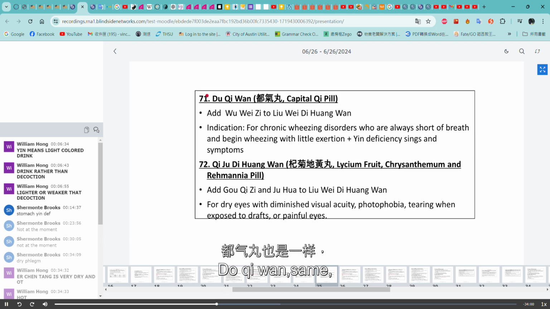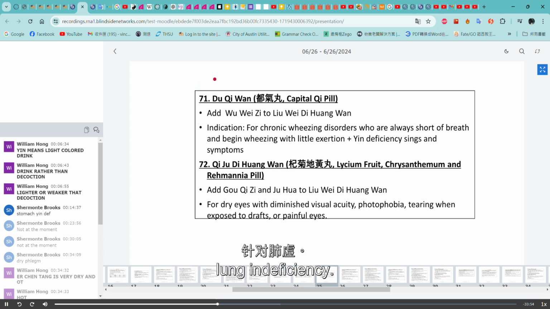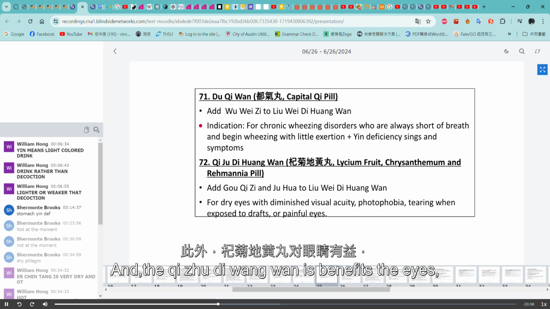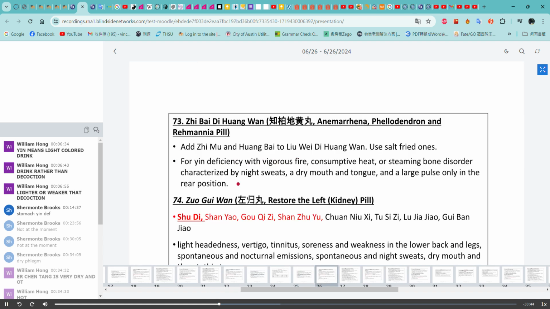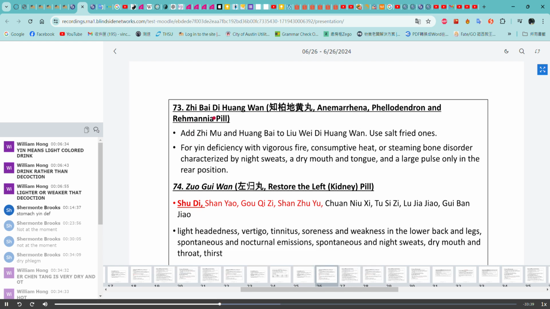With Du Qi Wan, same, but add Wu Wei Zi, so helping the lung yin deficiency. And the Qi Ju Di Huang Wan benefits the eyes with underlying yin deficiency. Zhi Bai Di Huang Wan is for yin deficiency fire.